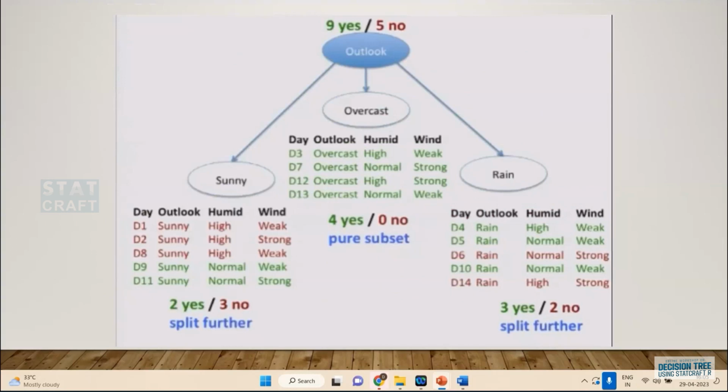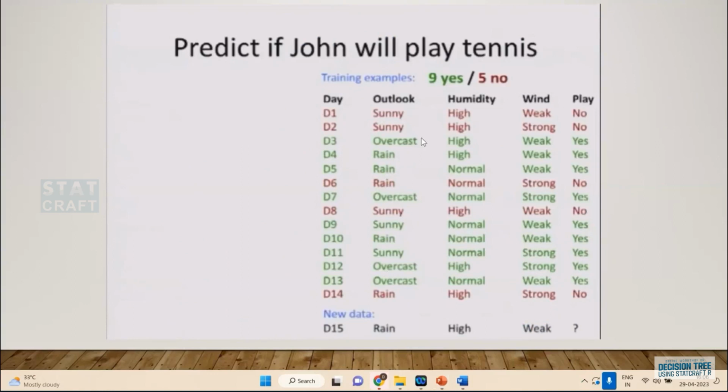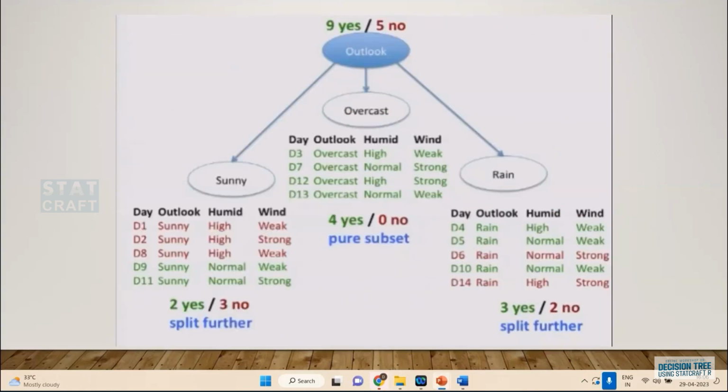What is the purity of the node? There will be nodes and there will be branches. Now see the outlook. Outlook is this variable. If it is overcast, irrespective of the humidity level or the wind level, John plays. But the story is not the same with the sunny day or the rainy day.